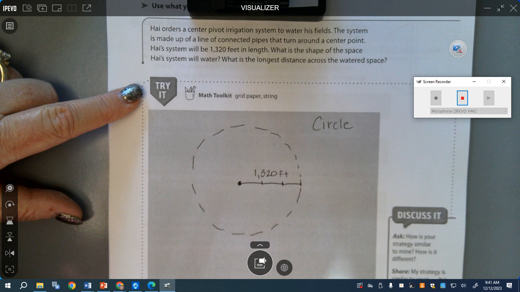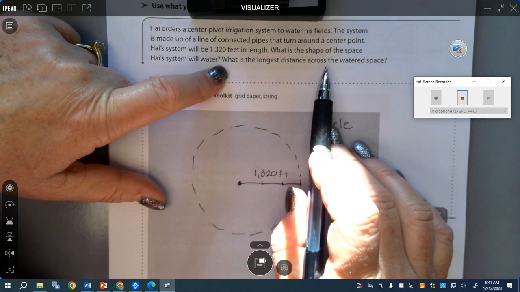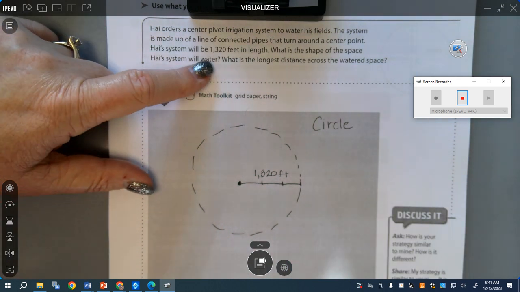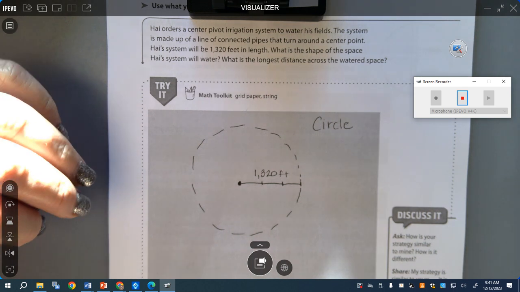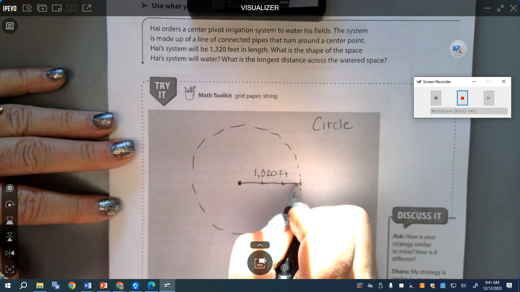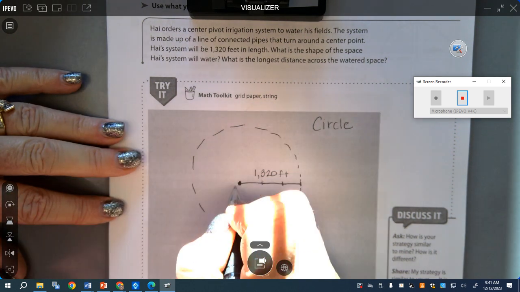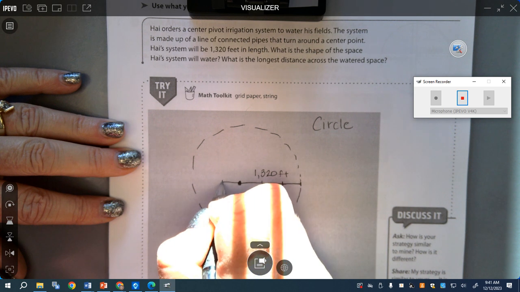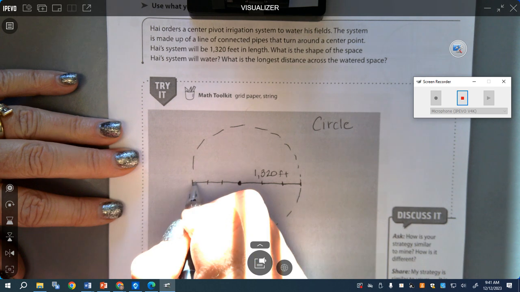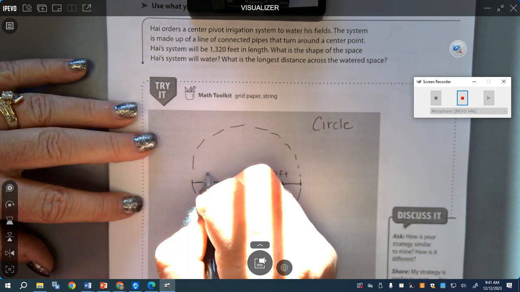The next question says this: what is the longest distance across the watered space? So we know that this right here only covers half of it. That means that when it goes on this side, it's the same amount. So how long would this side also be? 1,320, times 2.